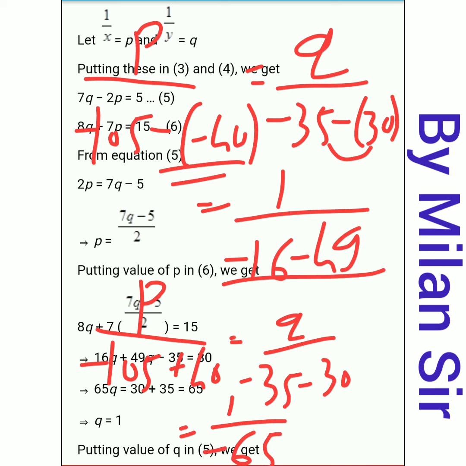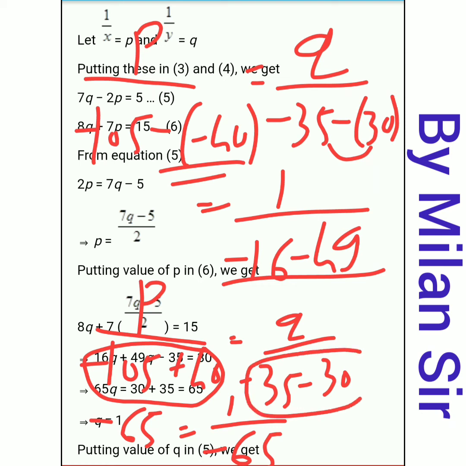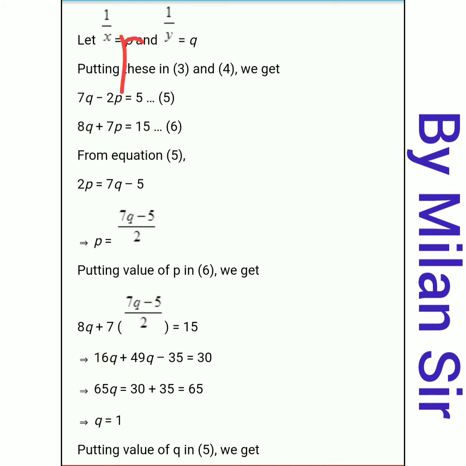Now here plus minus minus 105 minus 40, so 95, 85, 75 and 65. So we get minus 65, big number sign, it is negative. And in q, minus minus plus 30 plus 35, it is 65, big number sign, it is negative. So finally we get p upon minus 65 is equal to q upon minus 65 is equal to 1 upon minus 65.